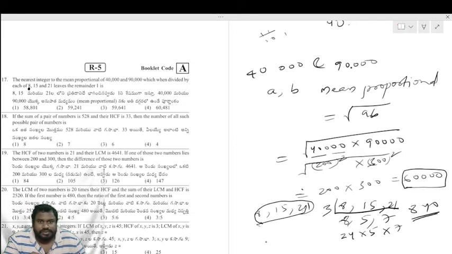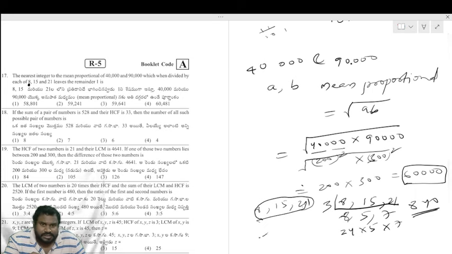So now what we will do is divide 60,000 by 840. Then what is the remainder we are going to get? If it is 1, then that is the answer.